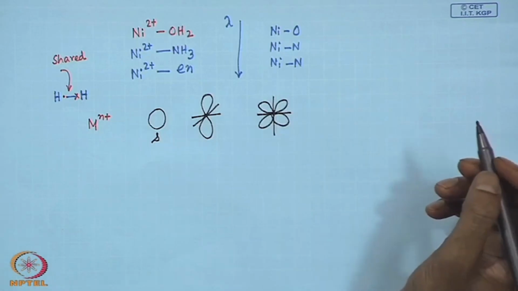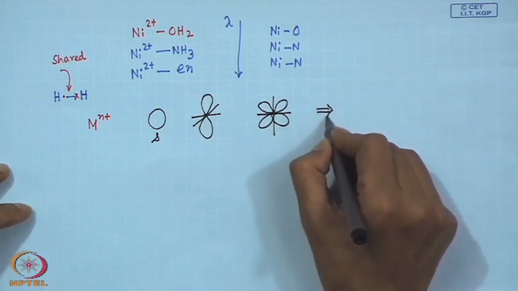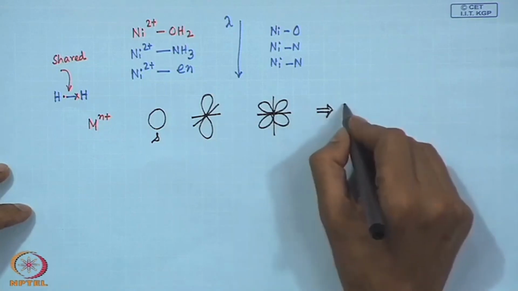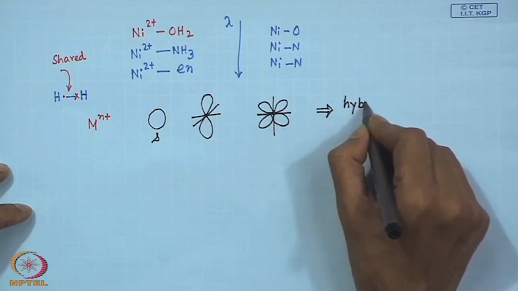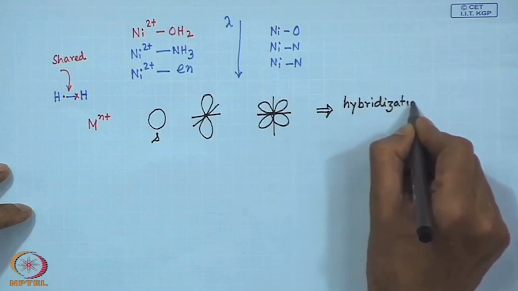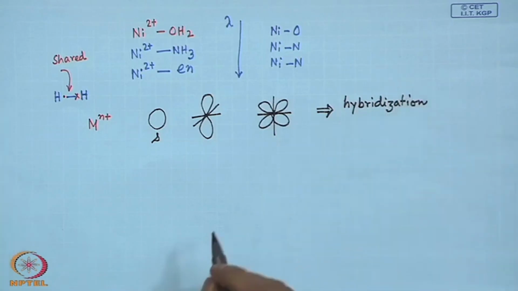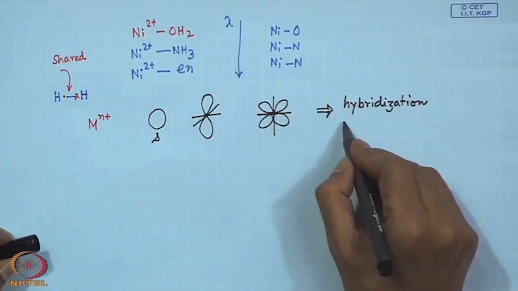When these orbitals are involved in hybridization, this idea was mooted at that time, for hybridization of suitable orbitals.